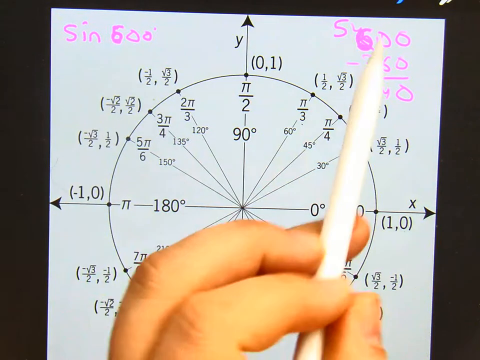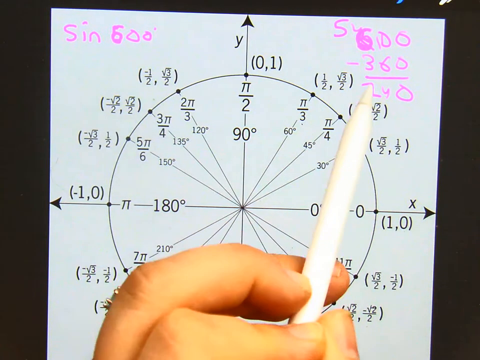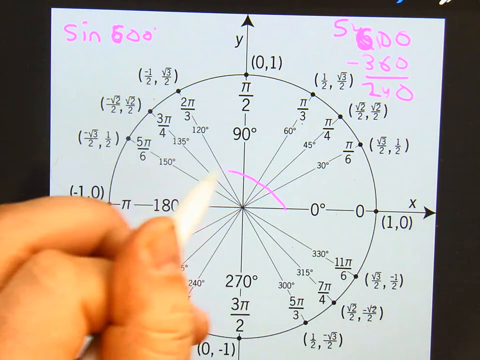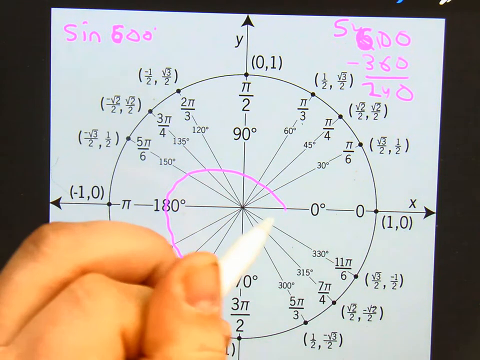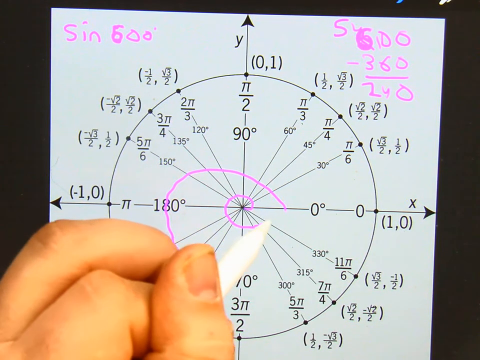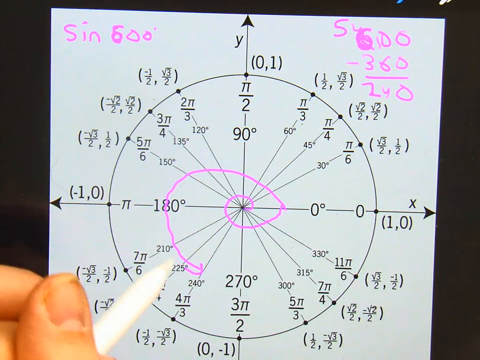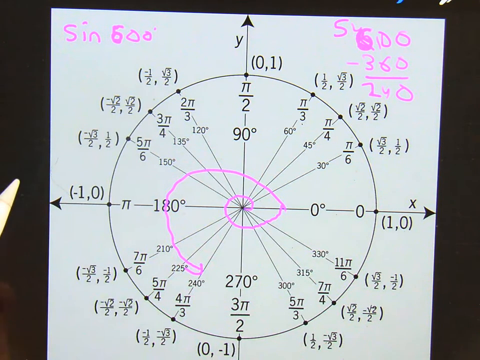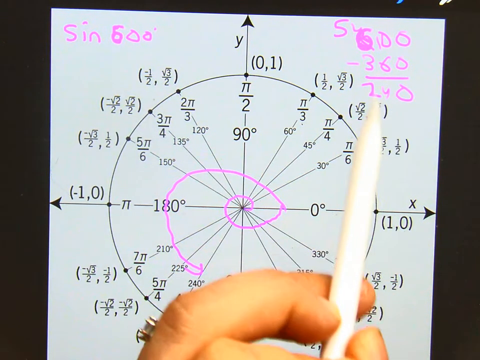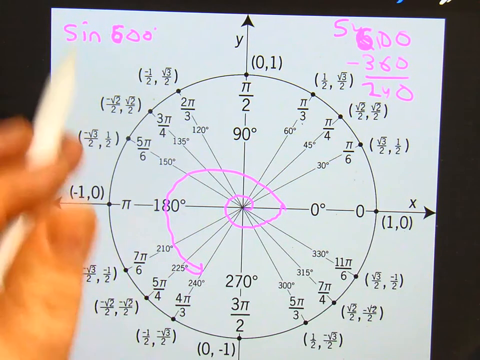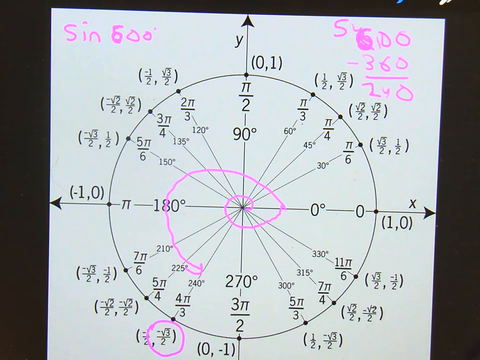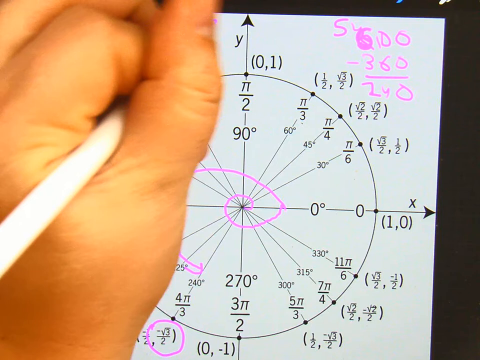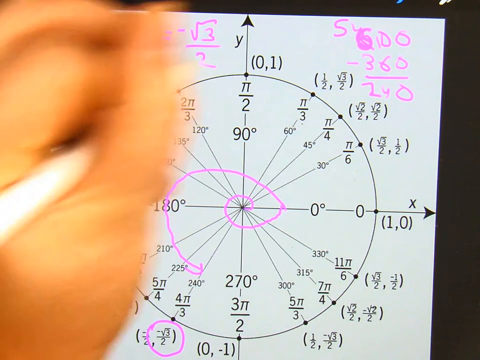So if I had sine 600, subtracted from it, all that good stuff, then I'd get 240. What happened is we had gone around one full time and then an additional 240 more degrees to get 600 degrees. Once I subtract out my 360, I'm left with just 240. Sine at that point is my y, so that is negative radical 3 over 2.